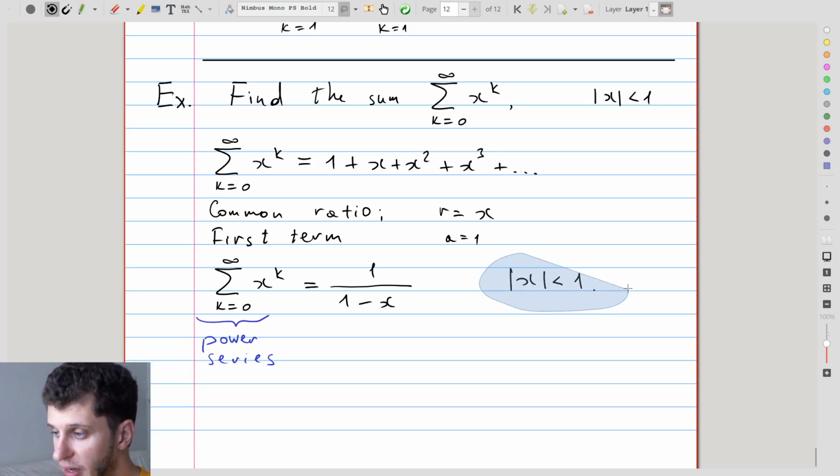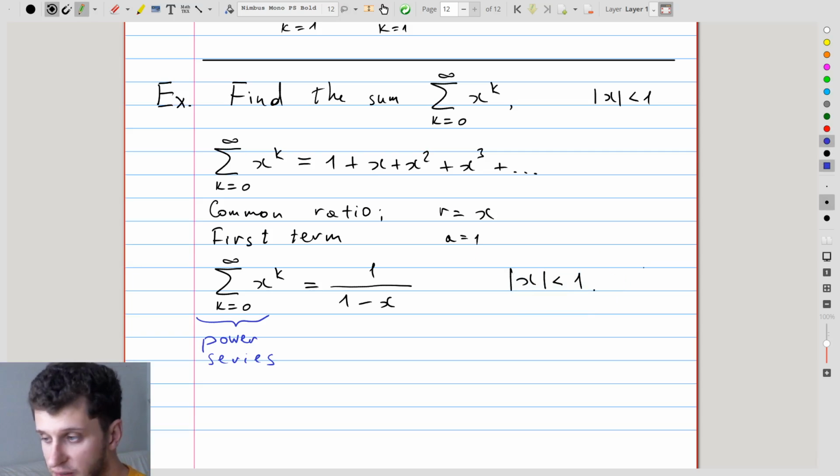As you can see, this expansion holds when the absolute value of x is less than 1 and only for such x's. And so this is the very first power series expansion that we encounter in this course, and we'll study it in much more detail later when we start talking about power series.